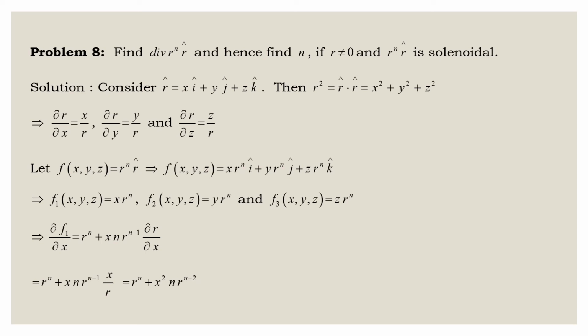For these component functions, we have to find out ∂f1/∂x, ∂f2/∂y, and ∂f3/∂z. Let us first find out the partial derivative of f1 with respect to x. ∂f1/∂x, which equals ∂/∂x of r^n x.